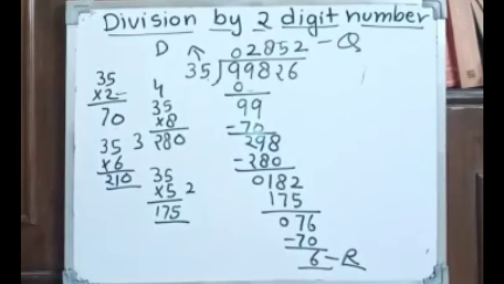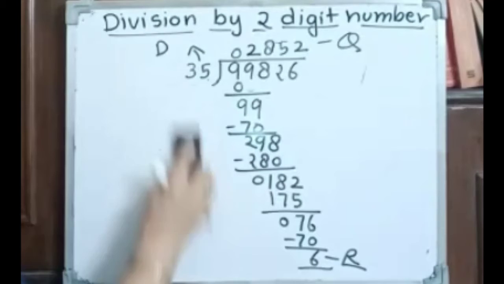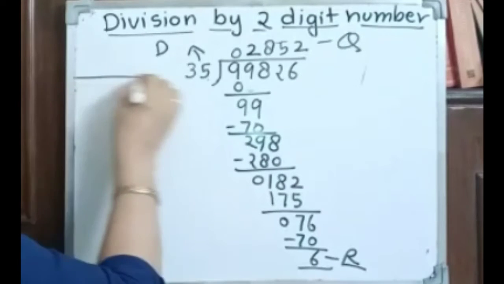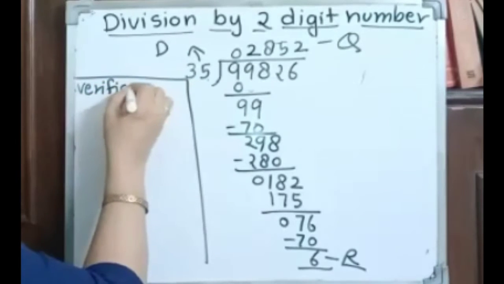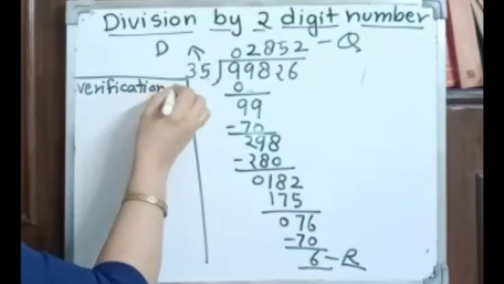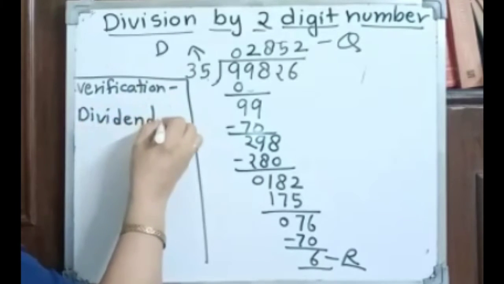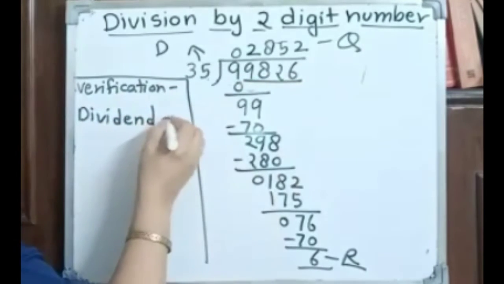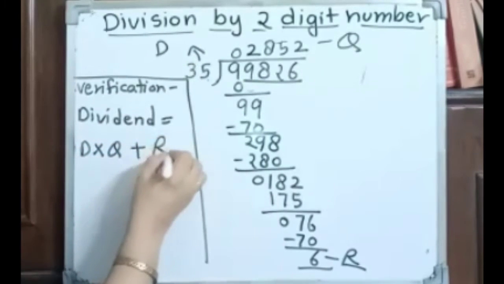So we will verify the division sum. What is the verification formula? Dividend, meaning this number, is equal to divisor into quotient plus remainder.